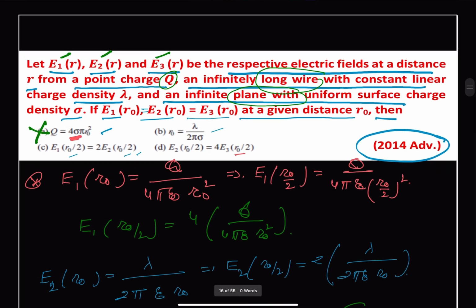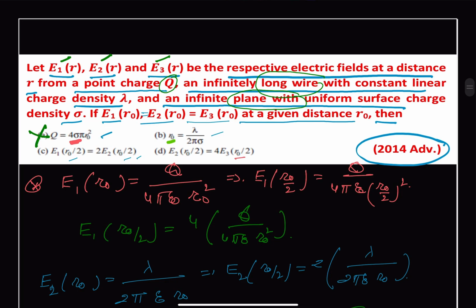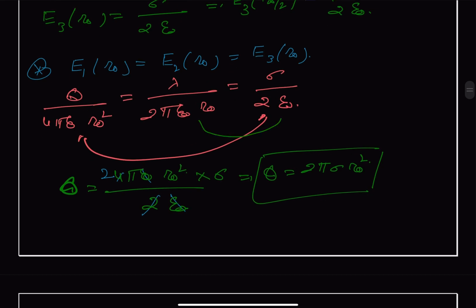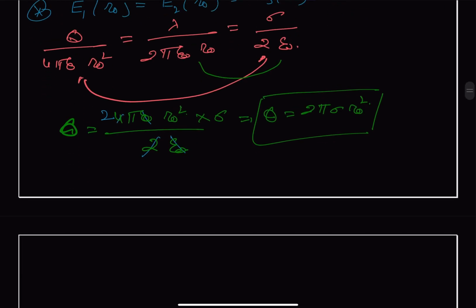Next we can find out R0. R0 is in terms of lambda as well as sigma, so we are going to compare the last two.